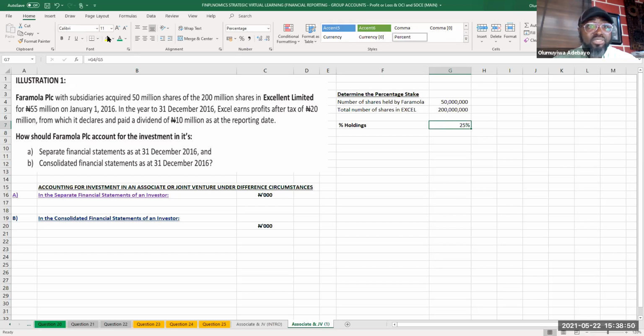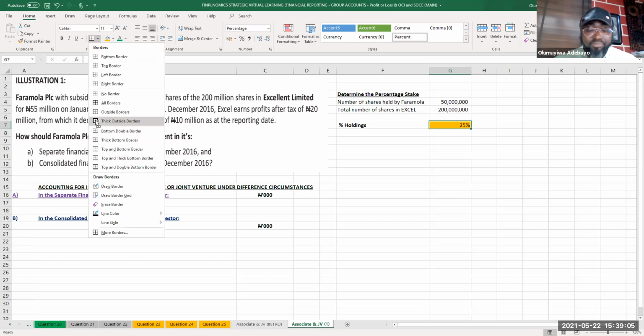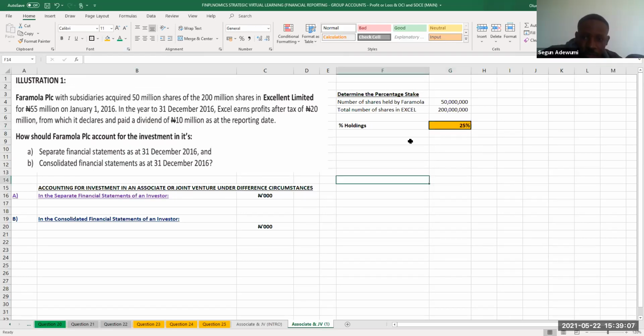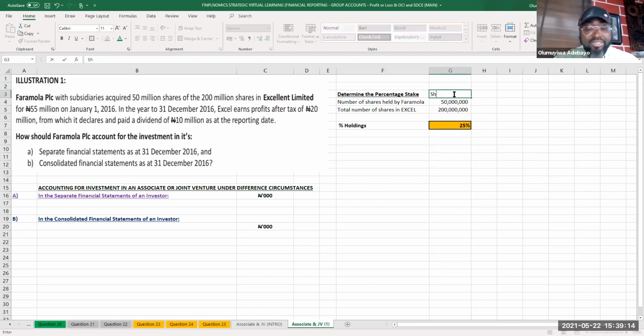This 25%, what does that signify? Who can answer that? It is an investment in associates. Yeah, since there's no other information other than what we have here, 25% falls within the range of 20 and 50.